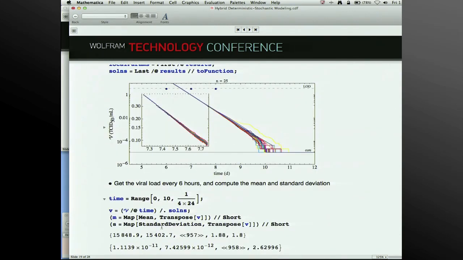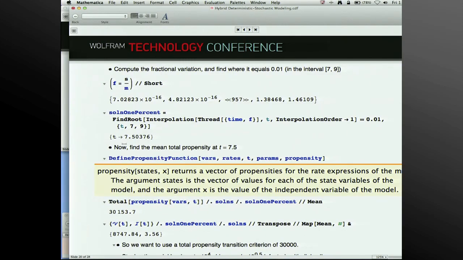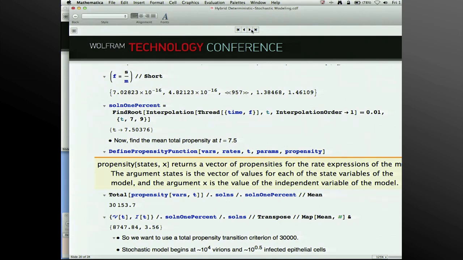We can do the calculation to find that out exactly, which I think is on the next slide. It occurs at about 7.5, and so at t equals 7.5, I then compute the propensity, which is around 30,000. So that's what I set that threshold to.